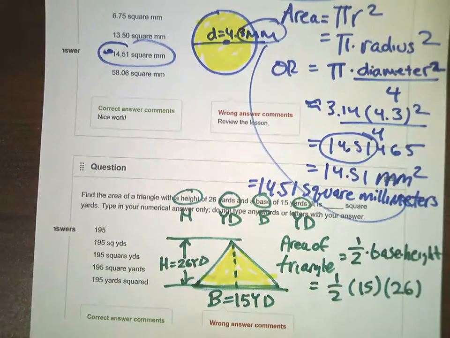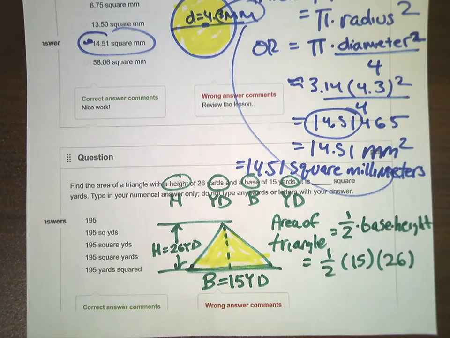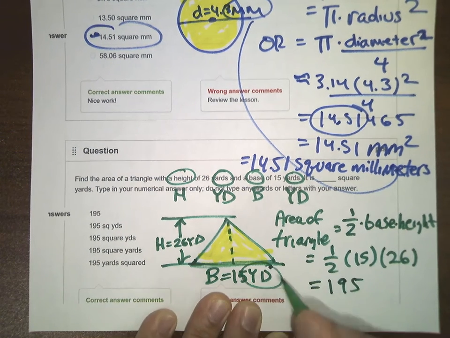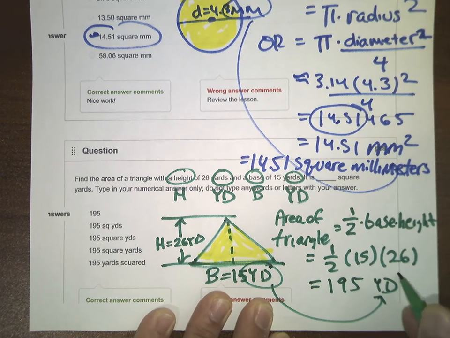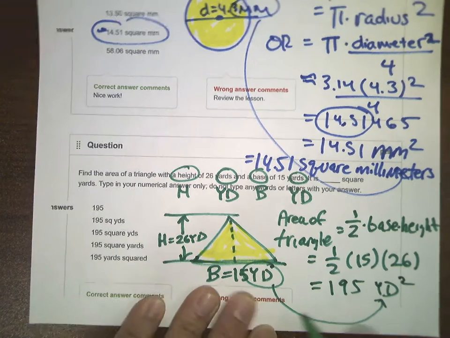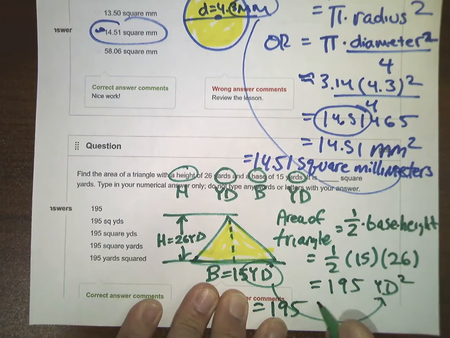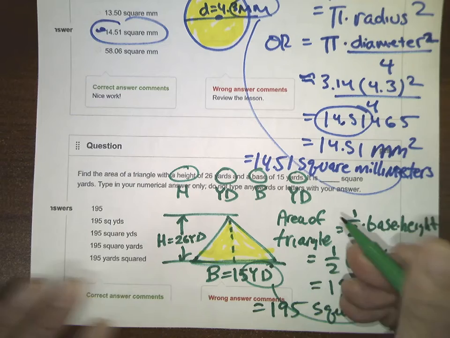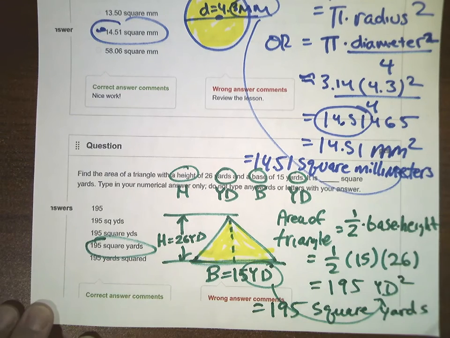So what will that give us? Well, that is going to be 195. And our original units were in yards, and we're talking about area, so it's square yards or yards squared. So 195 square yards. What a time to be alive. There is the answer right there.